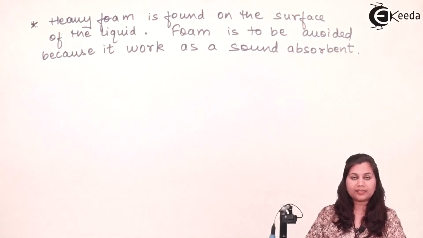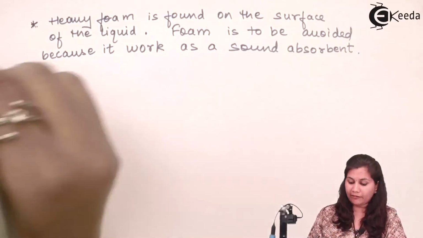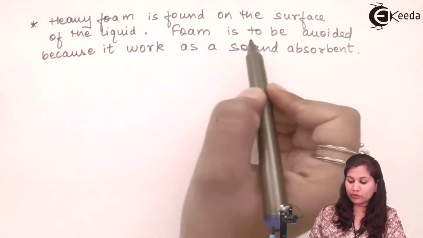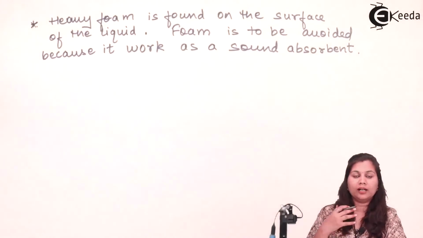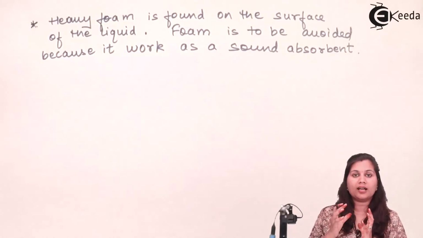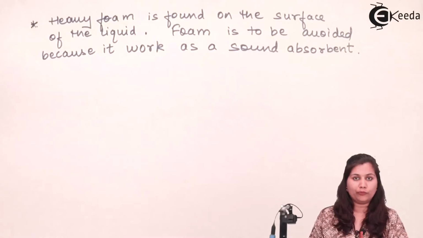Now there are some cases in which the fluids in the industries have a heavy foam over their surface. This foam is to be avoided because foam acts as a very good sound absorbent. So when the ultrasonic waves hit the surface of the liquid, these sound waves are sometimes absorbed by the foam.